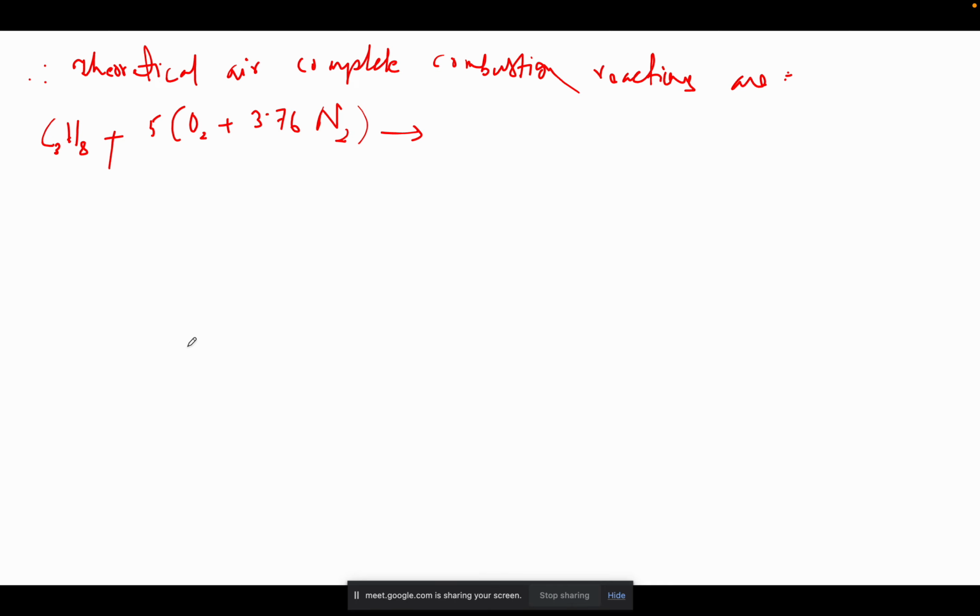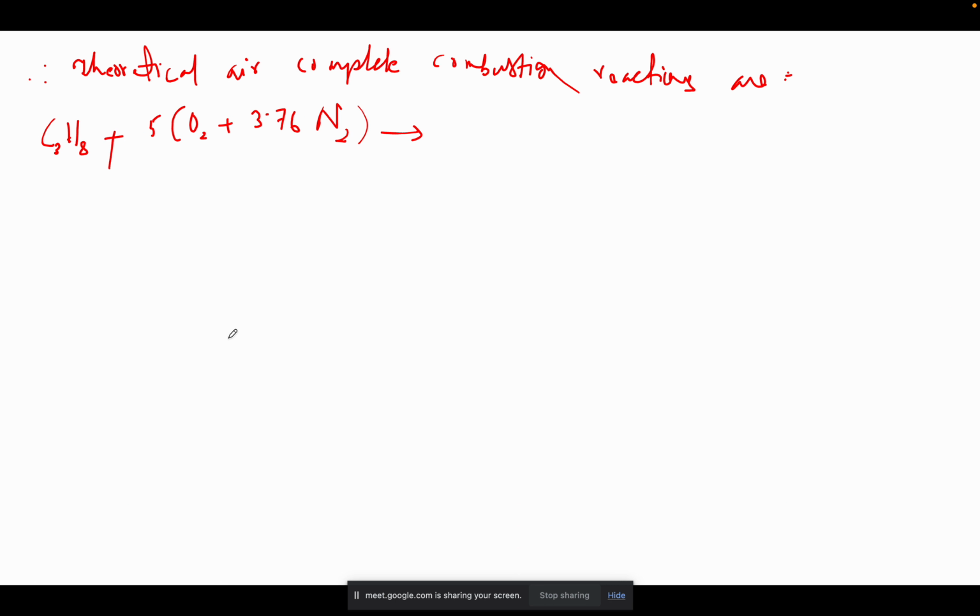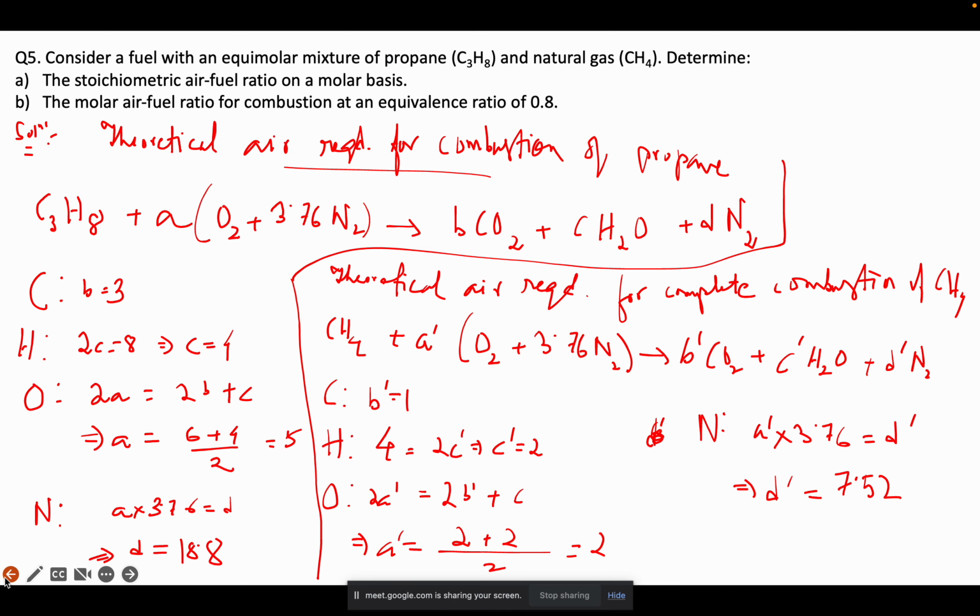This will give you 3 CO2 plus 4H2O plus 18.8 N2.